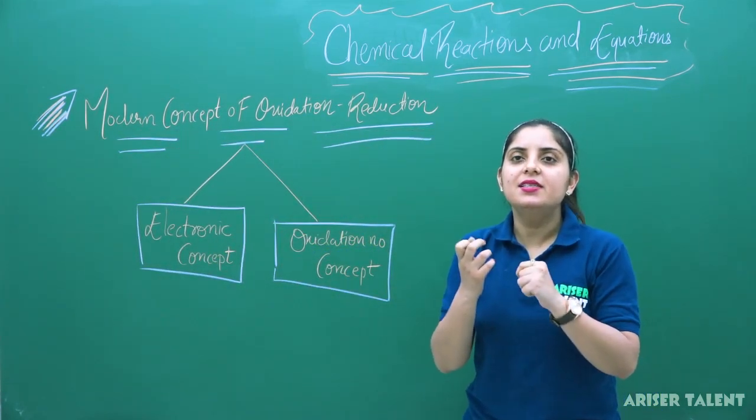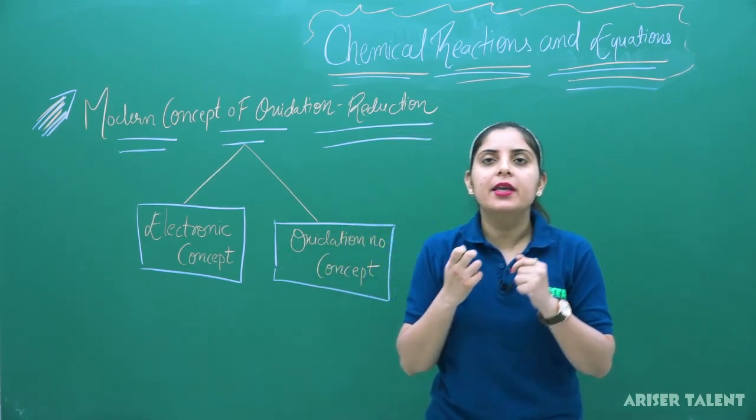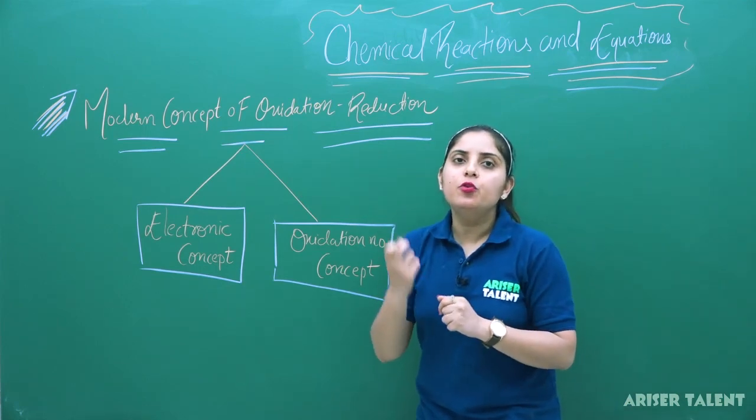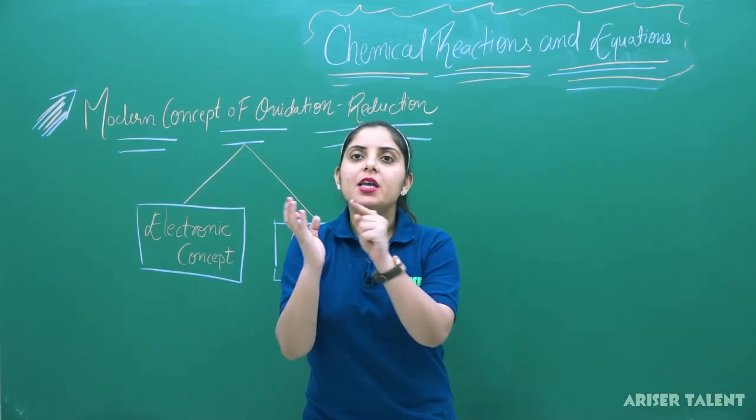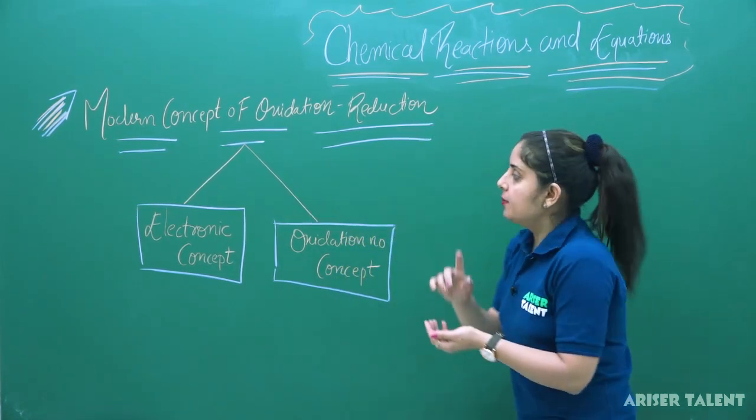So what basically is reduction? Reduction is the gain of an electron in any neutral atom or ion in a reaction. If there is a gain of an electron, we can also say it is electronation.